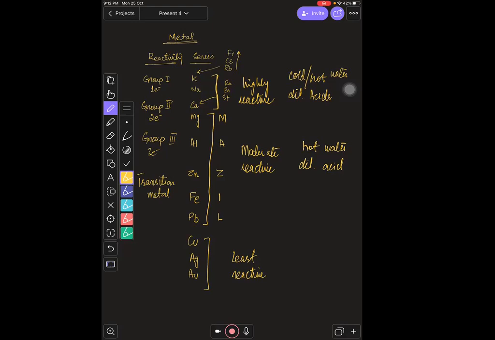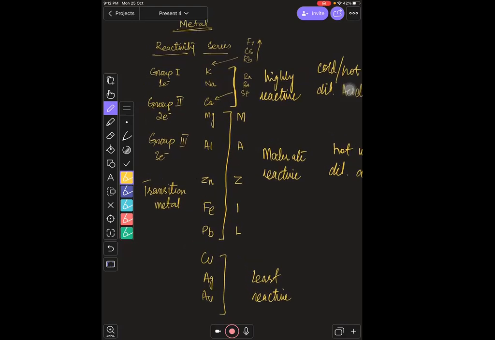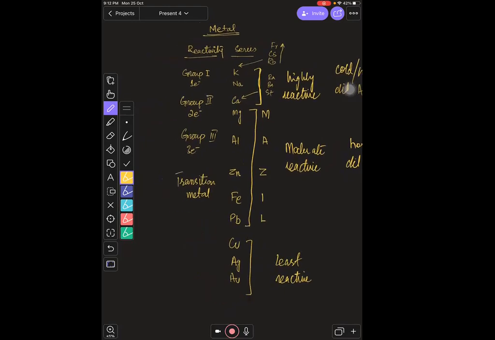Okay, so this is the reactivity series. Different teachers will give you different feedback to learn this. For example, most of the teachers use a different line to remember this, so you can use it in this way. It is just like a silly thing to learn, but you can learn in this way.